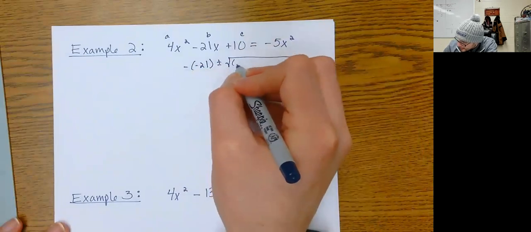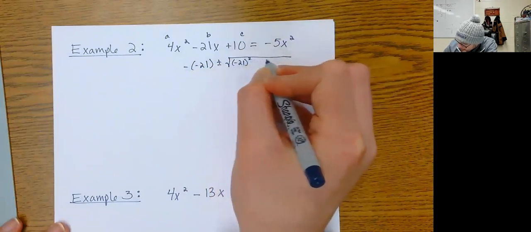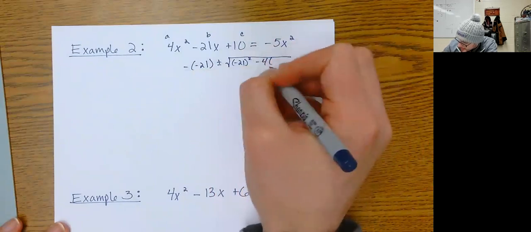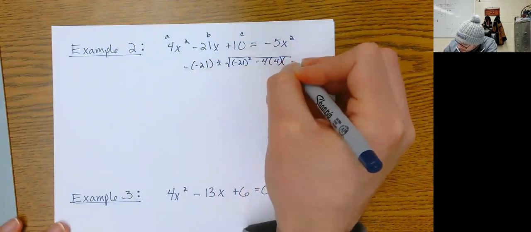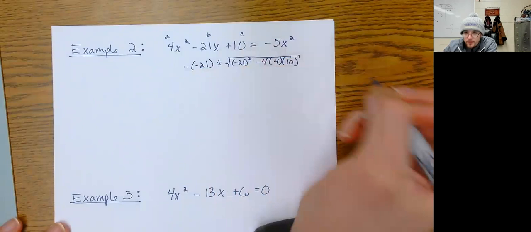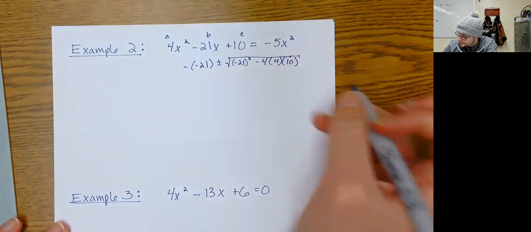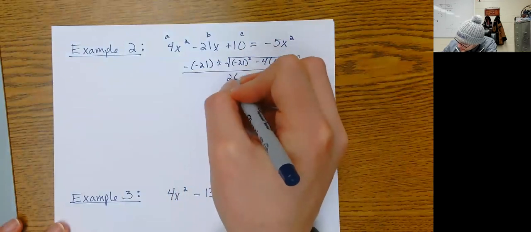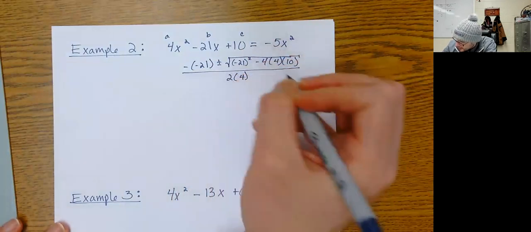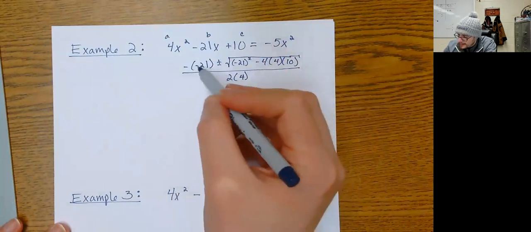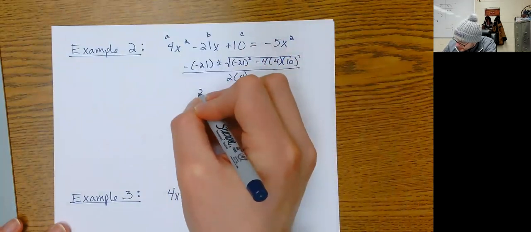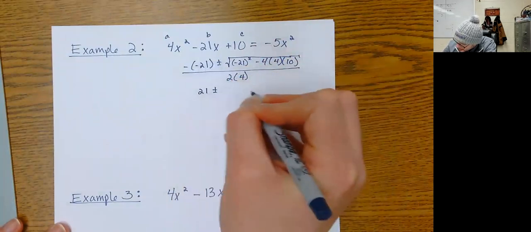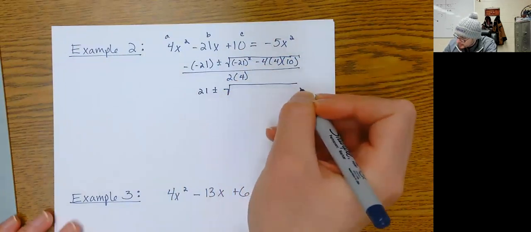We're going to have negative 21 squared minus 4 times A times C. All right. And that's all over 2 times A. So what are we going to get? Negative, negative is a positive. So we get positive 21 plus or minus the square root of 21 squared.